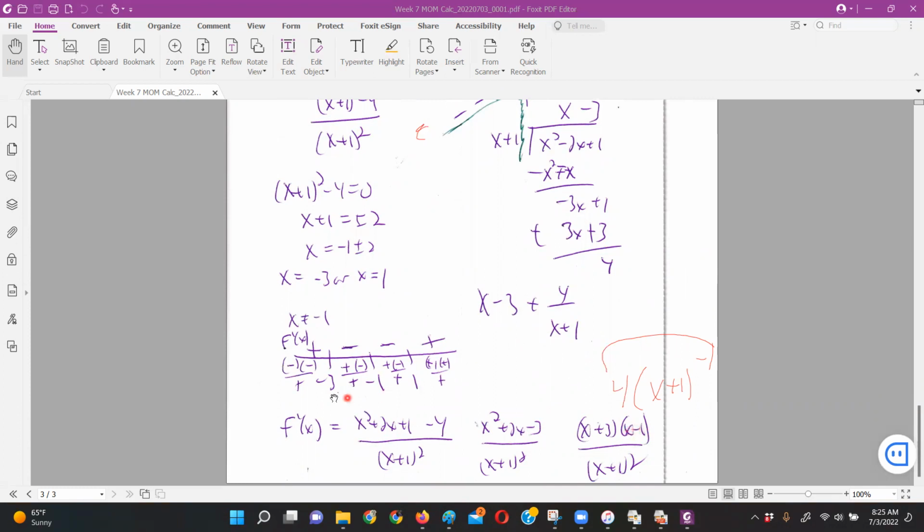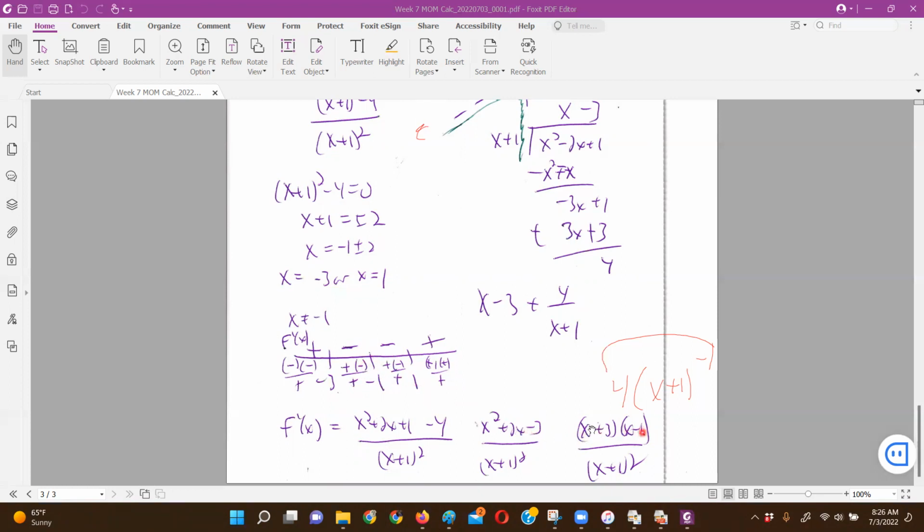So then now I'm going to pick a number that's less than -3. So if it's less than -3, that'll be negative, that'll be negative. So a negative times a negative over a positive, because the denominator is always positive, that'll be a positive number. I pick a number between -3 and -1. Well, that will be positive because 3 is bigger, but that'll be negative there. So positive times a negative divided by that positive is negative. And then I'm going to pick a number between -1 and 1, which 0 works well.